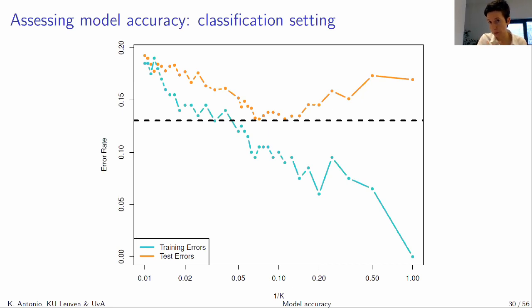Or they often also implement this one standard error rule, which I will explain later on. But then you pick a value for k, or for the tuning parameters, where you're close to the minimum, but you are a bit more conservative, and you allow for a certain deviation from this minimum.